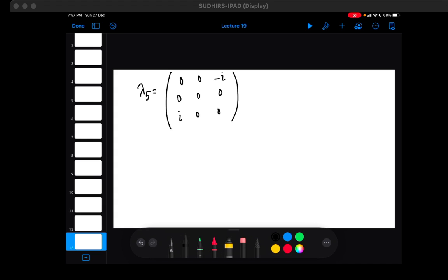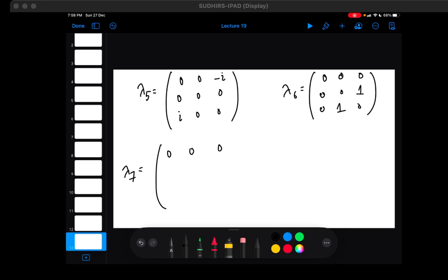Then lambda 6 is again on the top row, 0, 0, 1, 0, 1, 0. And lambda 7 is 0, 0, 0, 0, 0, minus i, 0, i, 0.